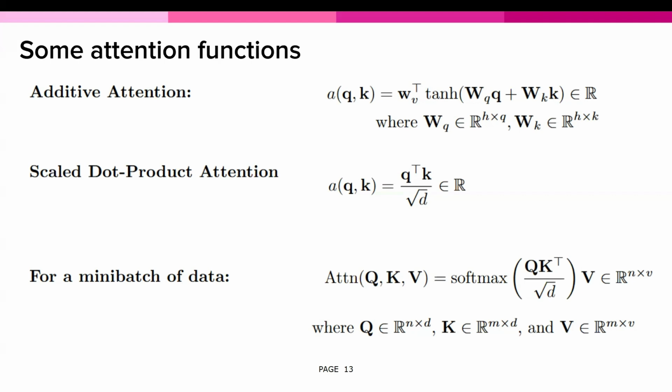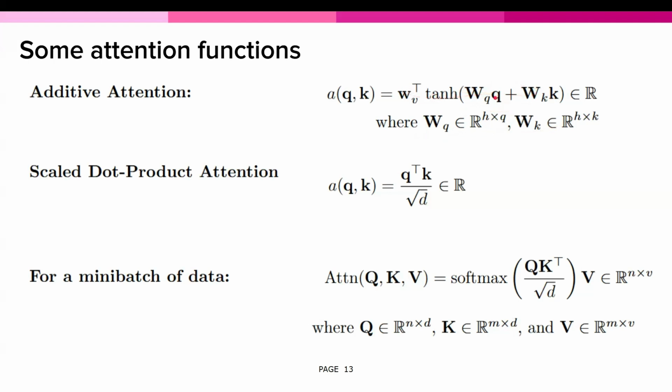An early approach was called additive attention. There we transform the query and key vectors into a common space of the same dimensionality using weight matrices. Query and key in general don't need to be the same dimensionality, but we have weight matrices to transform them into the same space.